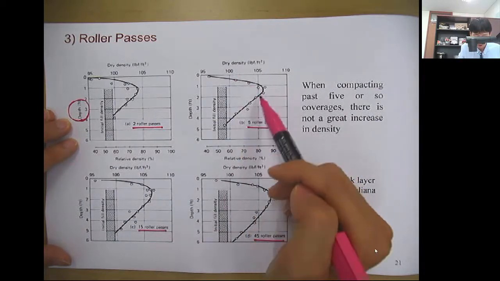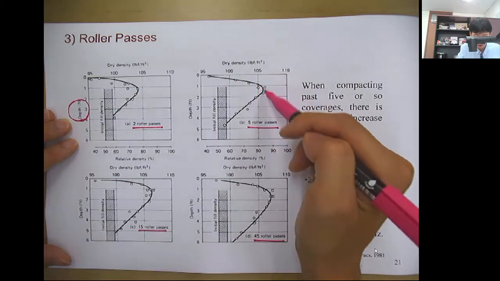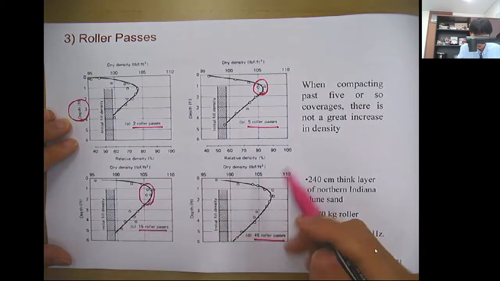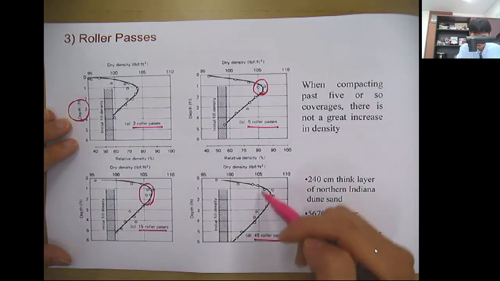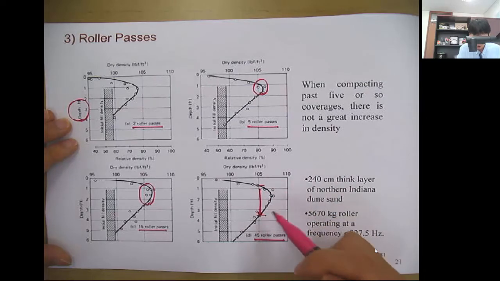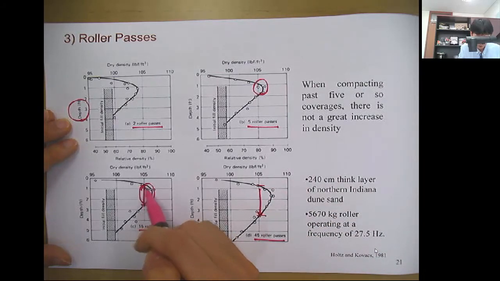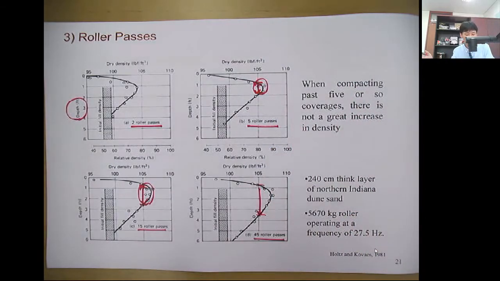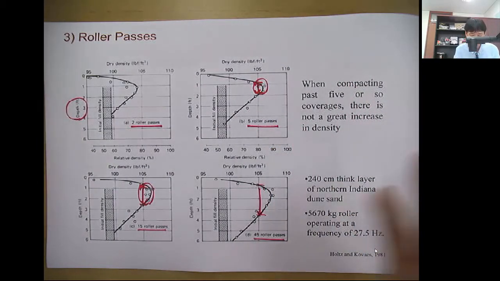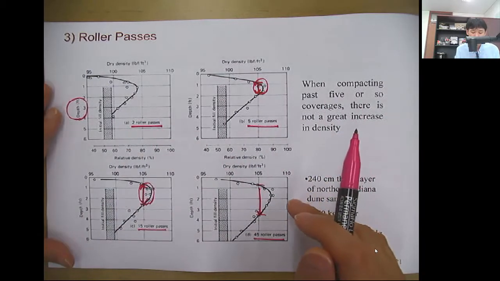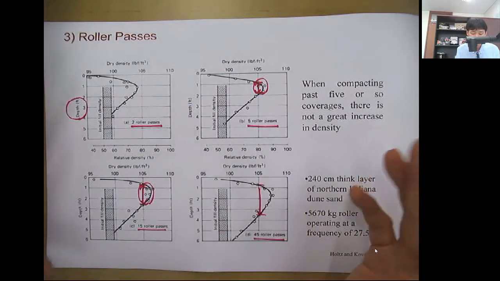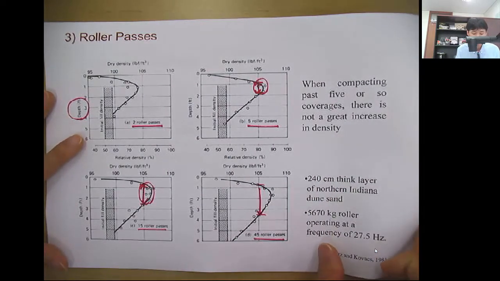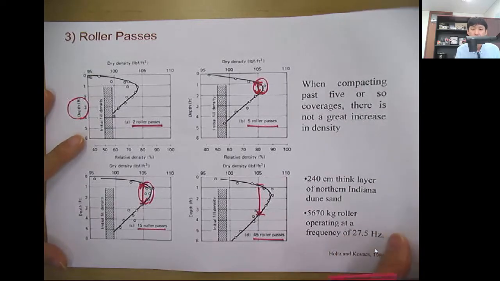You see that at 5 passes you have about 105 pounds per cubic foot, and here also about 105. But it becomes a little bit wider. It increases the dry density overall because you're putting in a lot of energy, but the change in dry density is not that much as the number of passes goes beyond 5.